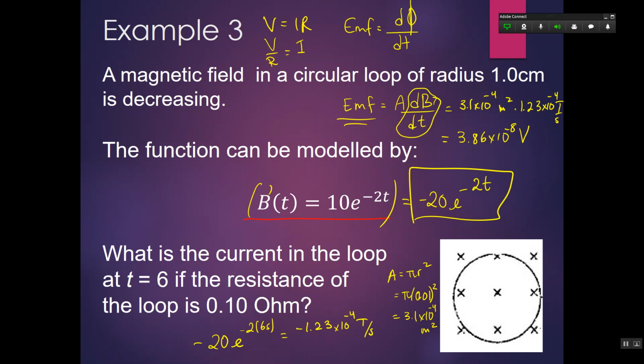So your new voltage, 3.86 times 10 to the minus 8 volts divided by 0.10 ohms, ugliest ohms ever written. And that's going to be equal to 3.86 times 10 to the minus 7 amps. That's my answer. A bit messy, I'm sorry, I didn't give myself too much room, but I hope you were able to follow.